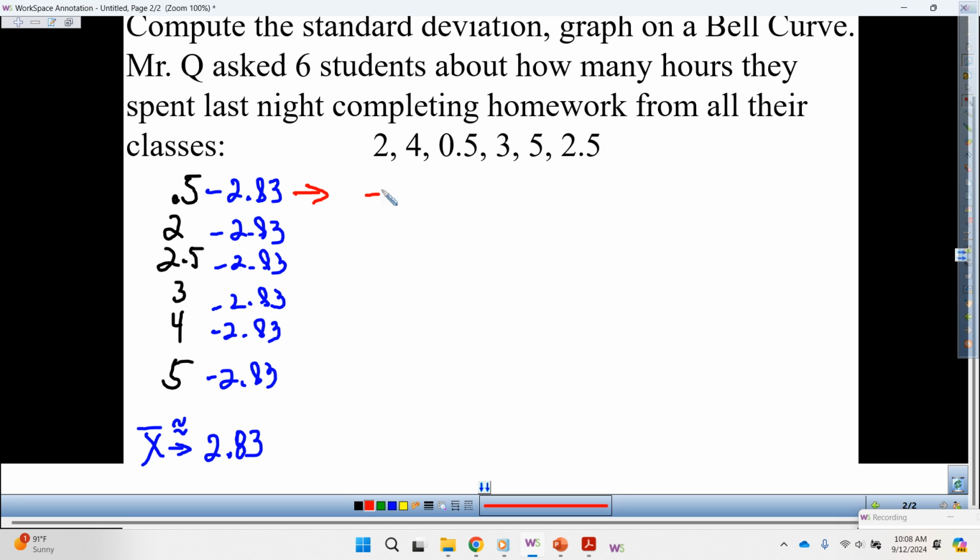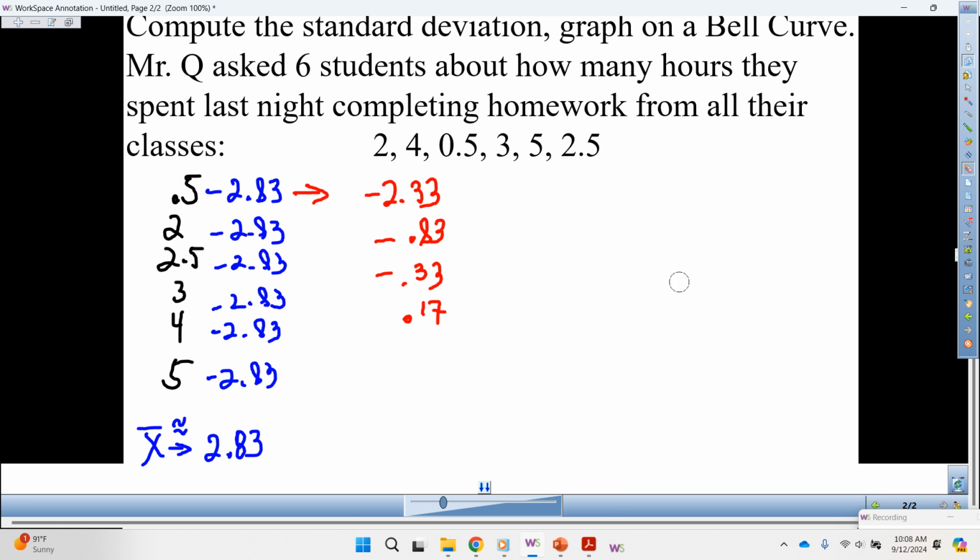We got negative 2.33, negative 0.83, negative 0.33, 0.17, 1.17, sorry, 1.17, and 2.17. Hands if you're up to right there by yourself.